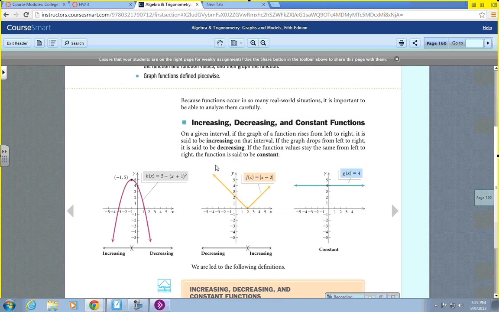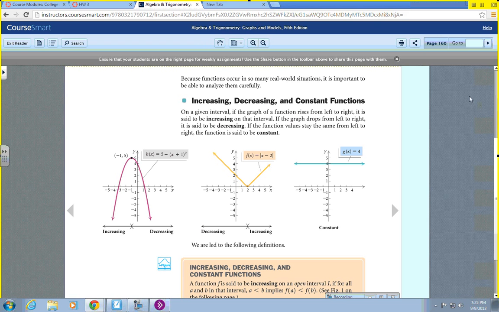The very first page of chapter 2 introduces the concepts of an increasing function, decreasing function, and constant function. If the graph of a function is going up on an interval, the function is increasing. So this first parabola is increasing at first, up to that point, and then it's decreasing. Is that okay?